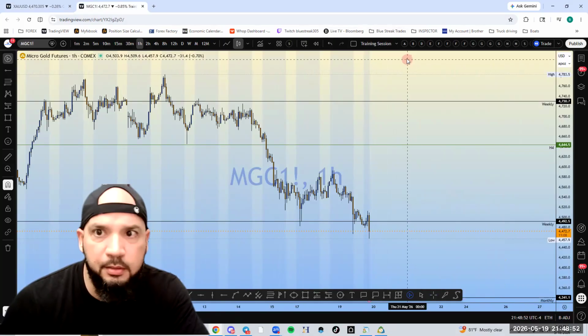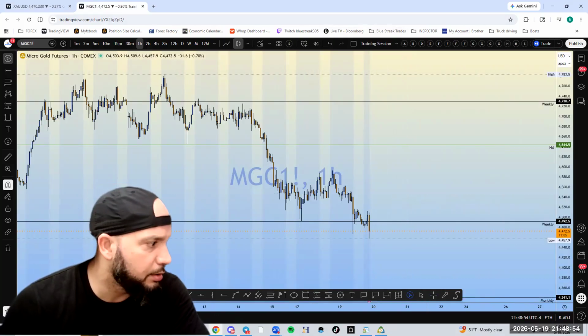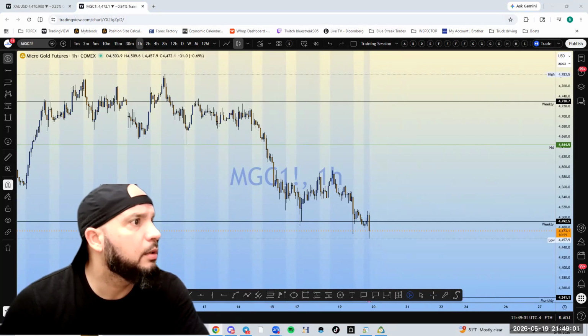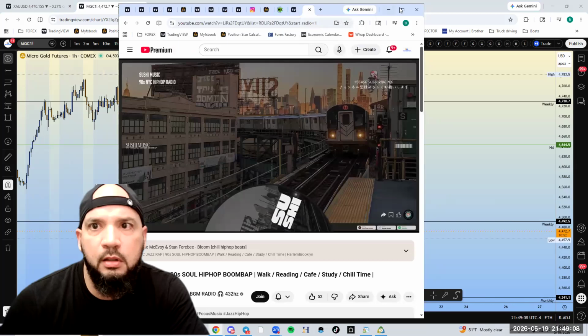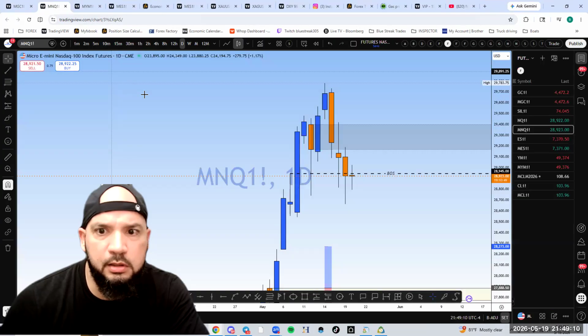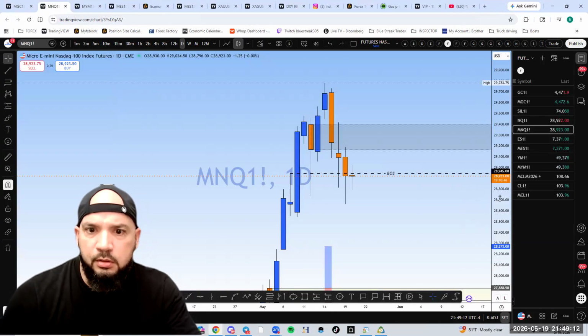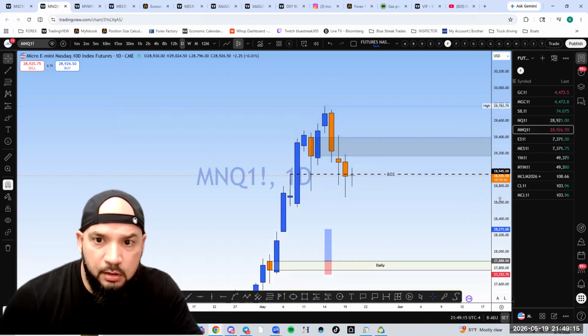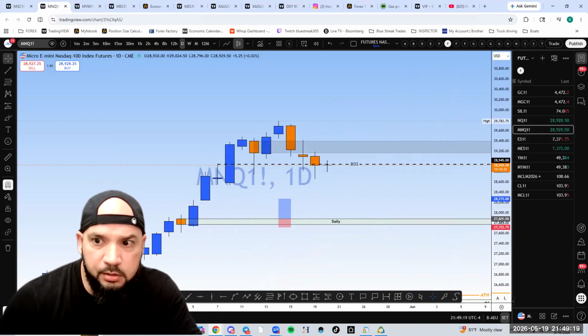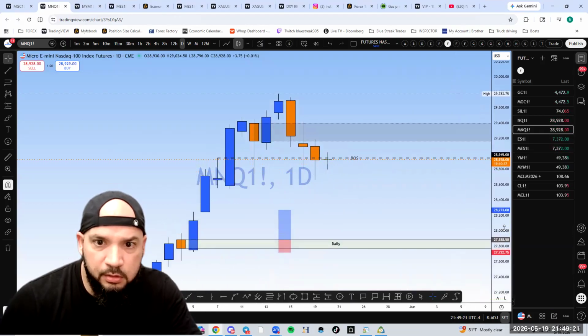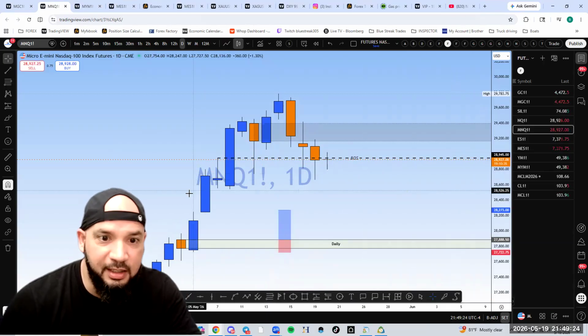Let me look for my other windows. Okay, so let's see NQ. Look at the order block that would have blocked down here.